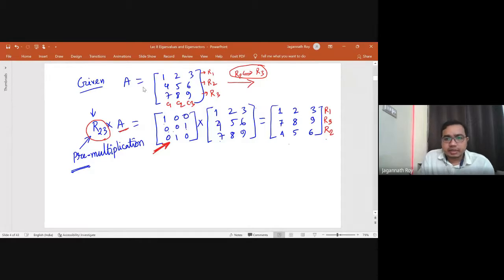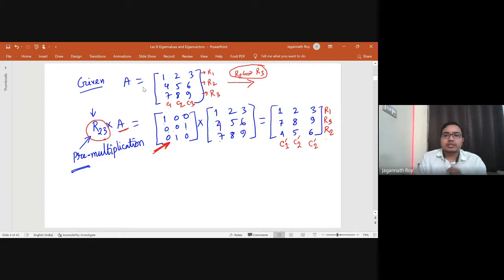But remember, here the columns are not exchanged. The columns are C1 dash, C2 dash and C3 dash. So column operations are not happening.